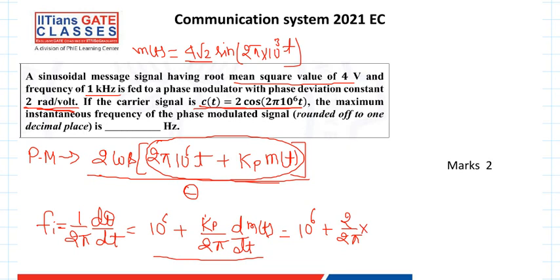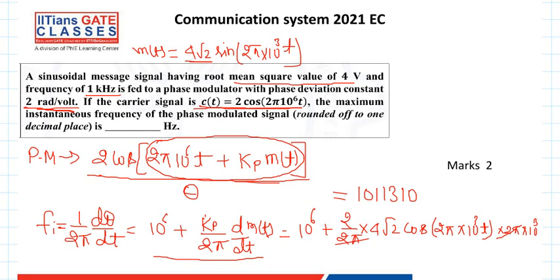So we will get 4 root 2 cos 2 pi into 10 to the power 3 t, and then there will be a term 2 pi into 10 to the power 3. Okay, this 2 pi and this 2 pi will cancel out each other. Now if you calculate this complete thing, it will be somewhere around this much value. So this will be the answer.